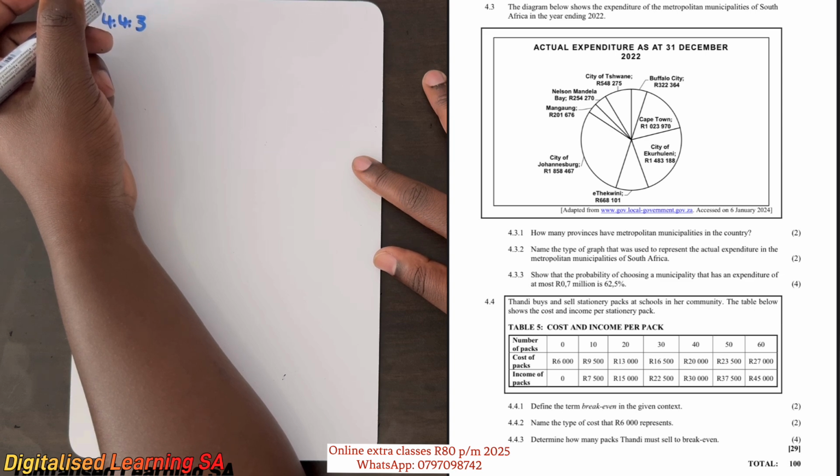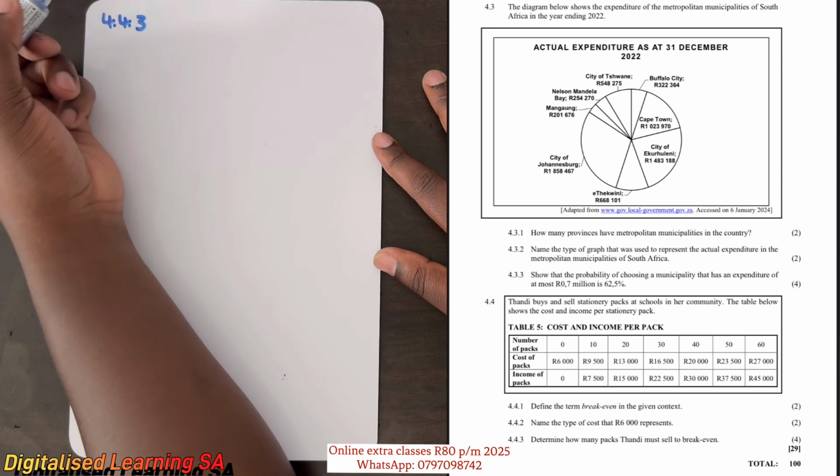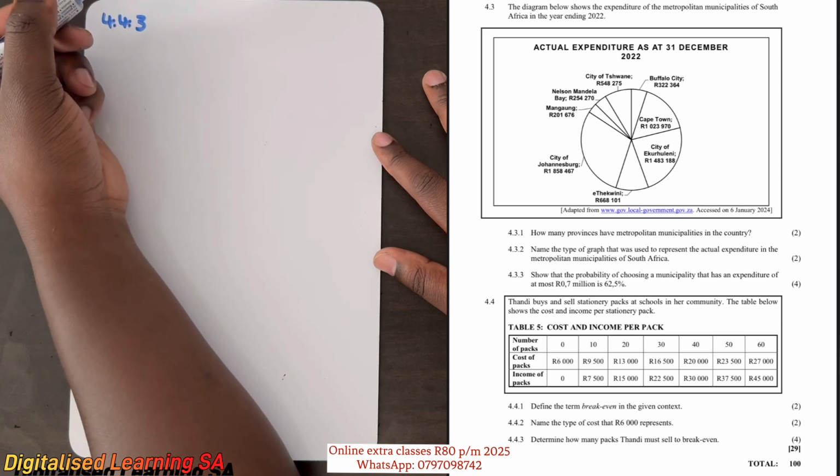If we check 20 packs, we can see that the income is 15,000 and the cost of packs will be 13,000, meaning that Thandi would have made a profit, meaning that the packs Thandi must sell to break even needs to be between 10 and 20.